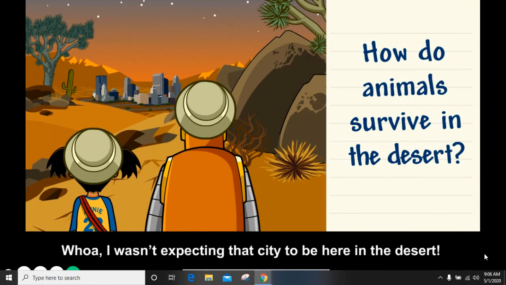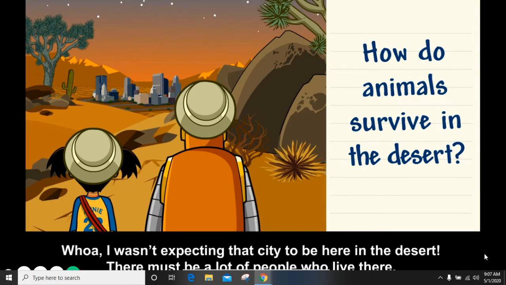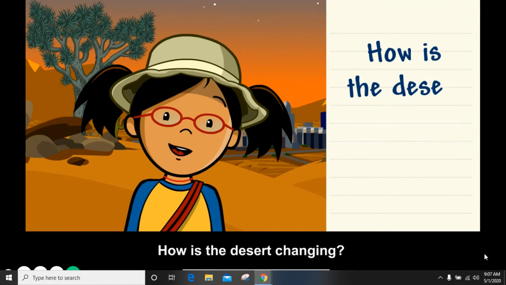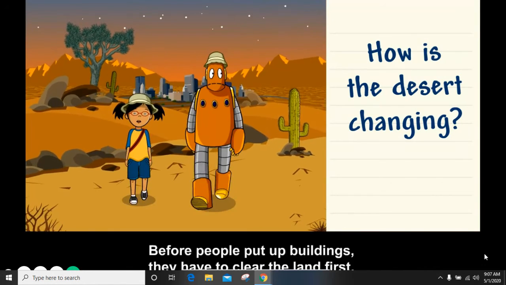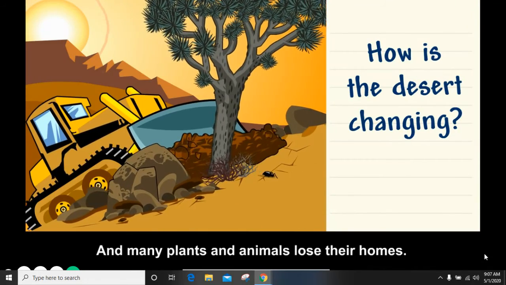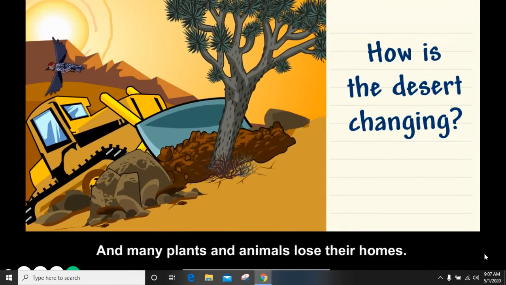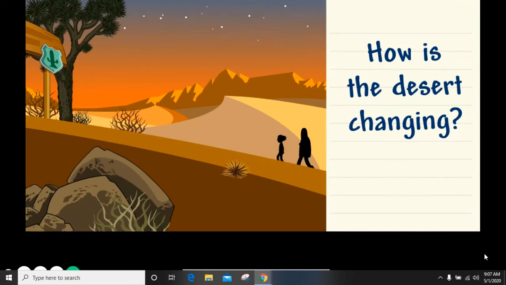Whoa, I wasn't expecting that city to be here in the desert. There must be a lot of people who live there. How is the desert changing? Before people put up buildings, they have to clear the land first. And many plants and animals lose their homes. But look, there's a reserve.